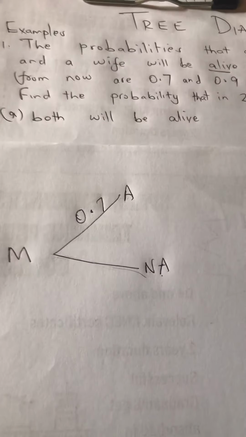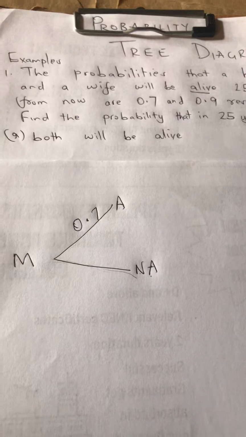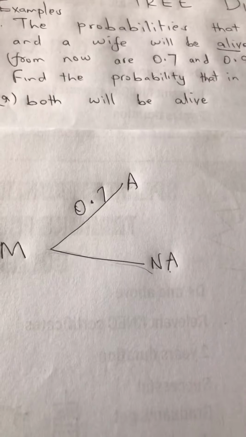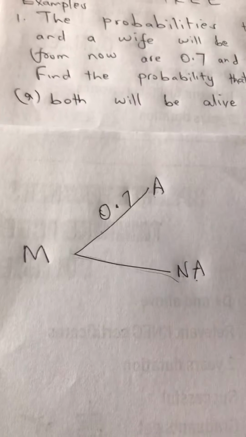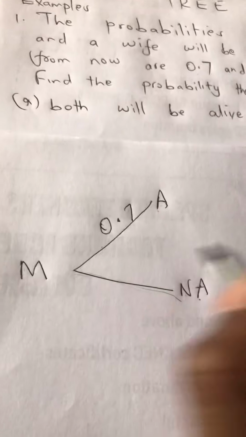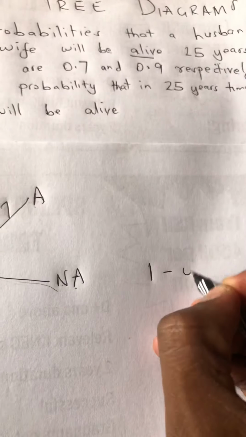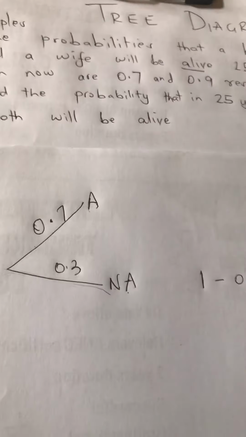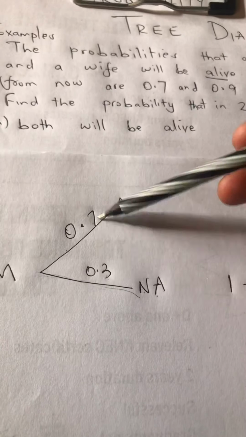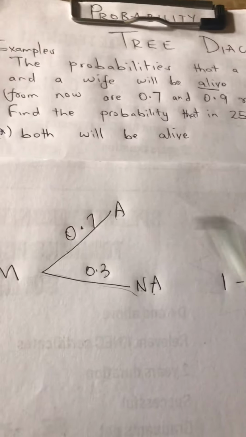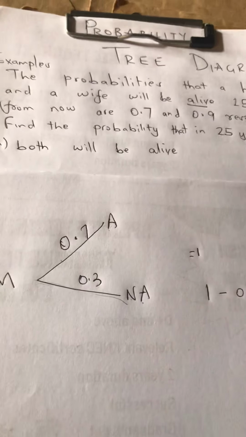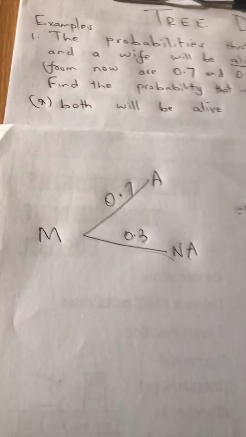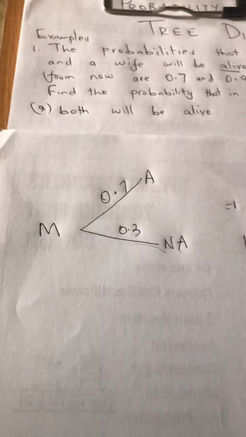What you need to know is that in probability, the sum of chances should be 1. So, if alive is 0.7, not alive is 1 minus 0.7, so it is 0.3. In short, when I add these two possible outcomes, I should always get a sum of 1. Hapo sawa? Nice one. So you mention namna hiyo, my friend, very easy.